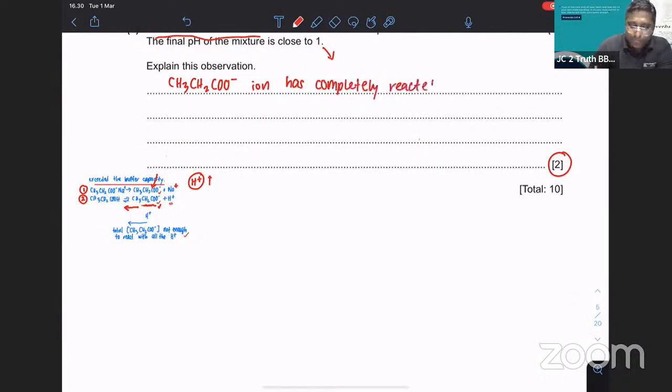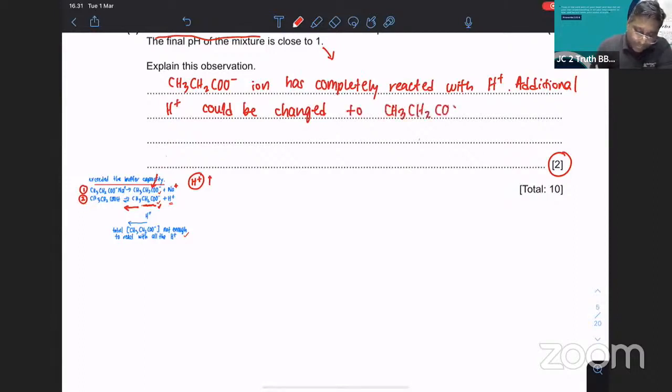with the H+. The additional H+ could not be changed to CH3CH2COOH by the buffer system.